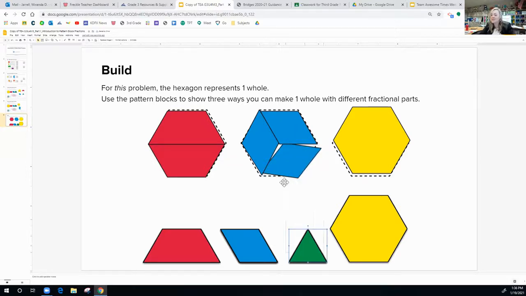So if I know that one triangle can go here, so I'm going to count 1, 2. So for each blue rhombus, there would be 2 triangles. 1, 2, 3, 4, 5, 6. So to make a whole using triangles, I would need 6 green triangles. So there are 4 ways that I can make one whole using the same pattern blocks.